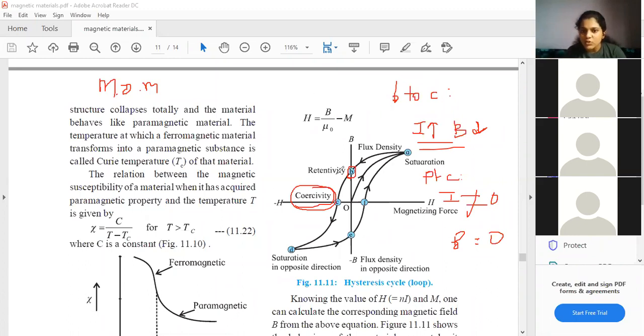From B to C, if you observe what is happening, my current is increasing. Current means H is increasing and my B is decreasing. So I asked you all to write it like this. And what is point C? Your coercivity point. At point C, current, that is I, is not equal to 0, but B is equal to 0. Please let me know if you have finished noting this down.